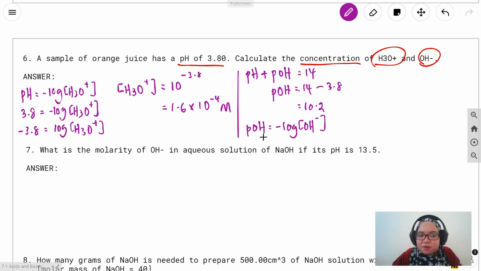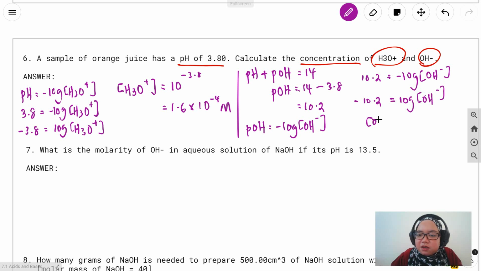So we have pOH right here: 10.2 equals negative log OH minus. So we move the negative over there and get log OH minus. We move it: negative 10.2 is equal to log OH minus.